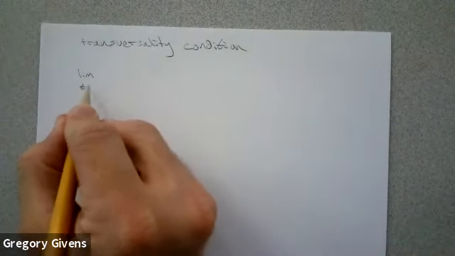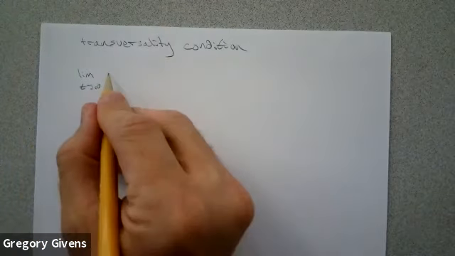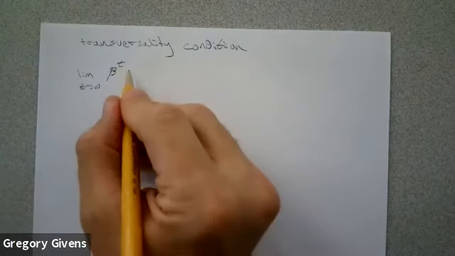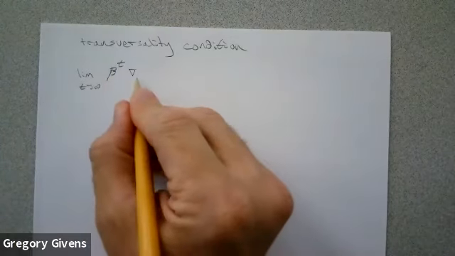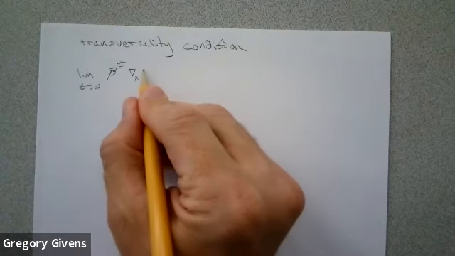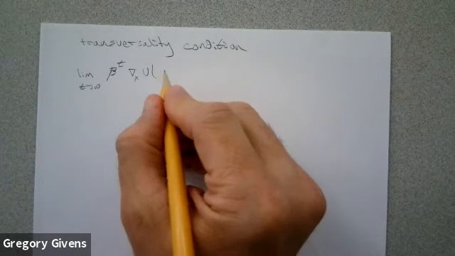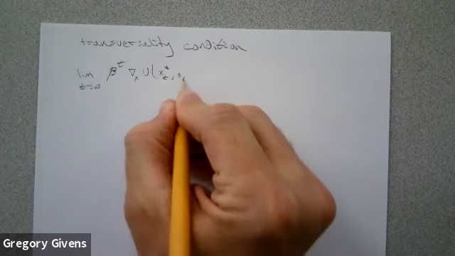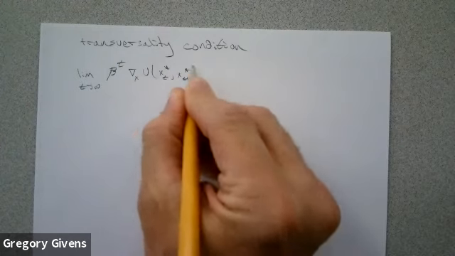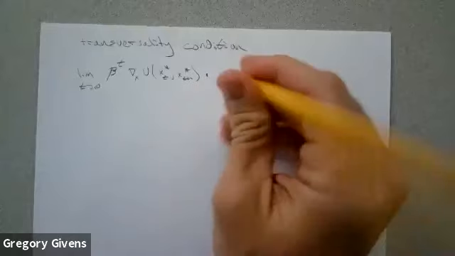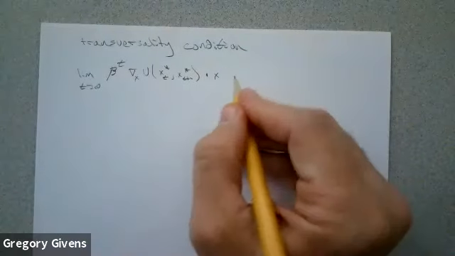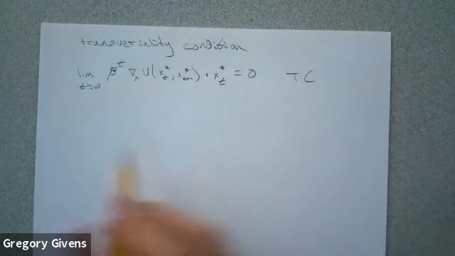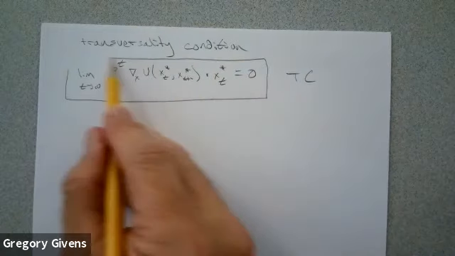The limit as t goes to infinity of the discounted value, so beta to the t, times the marginal value of the state, so the gradient of u with respect to the first argument, times, or I should say inner product, since these are vectors after all, is equal to 0. This is the transversality condition.